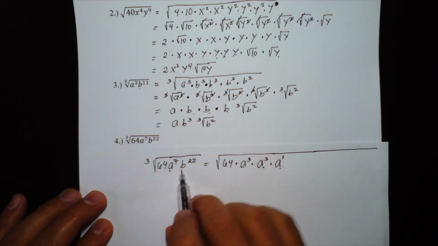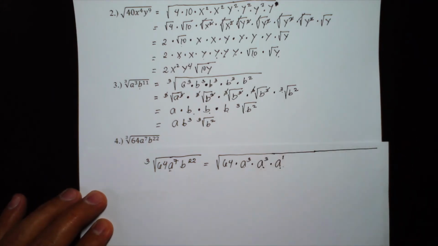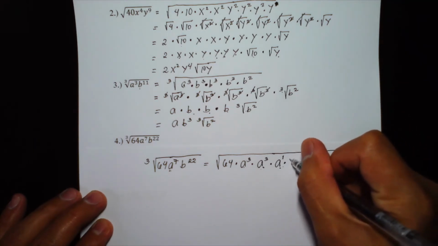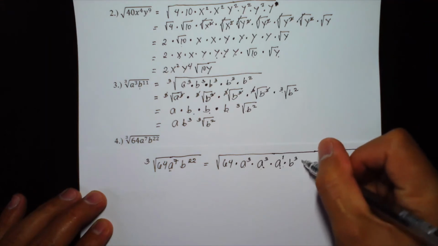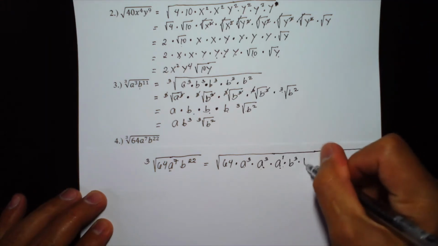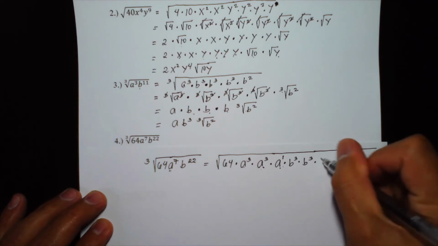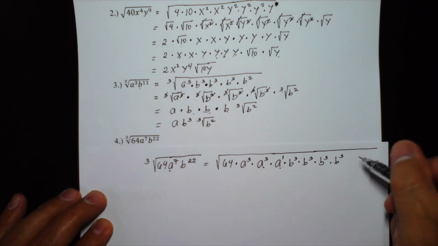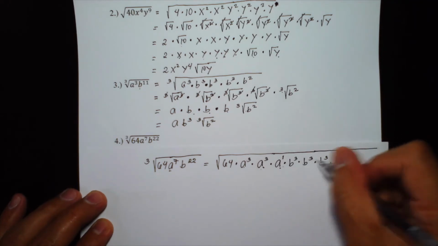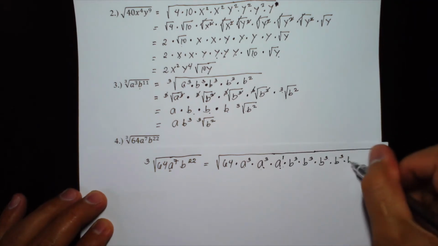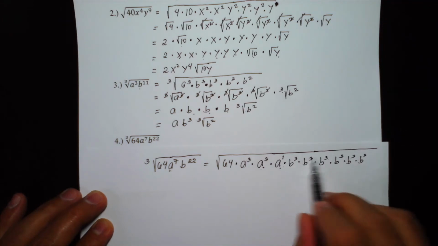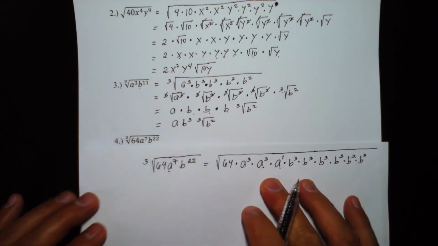Okay, next one we have b raised to 22. So let's factor this one with respect to cube root. We have b cube, b cube, b cube, b cube, 3, 6, 9, 12, b cube, 18, b cube, 3, 6, 9, 12, 15, 18.